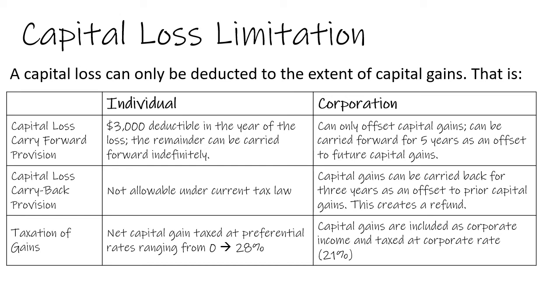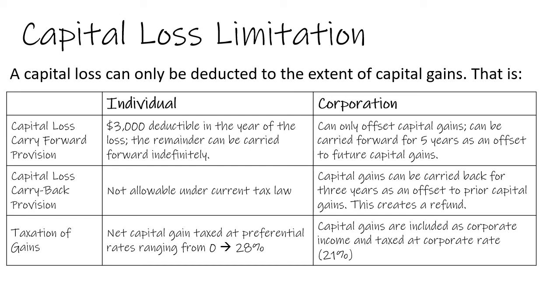Corporations don't get to deduct any portion of a capital loss, but they can use it to offset capital gains. They can carry these losses forward for 5 years to offset future capital gains. Corporations can also carry a capital gain back for 3 years, which would then generate a refund of taxes paid.